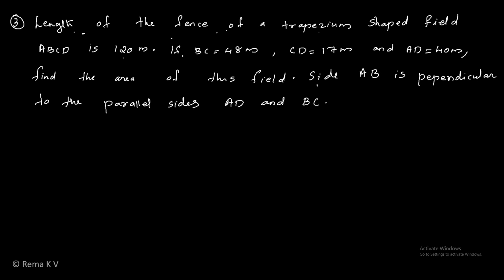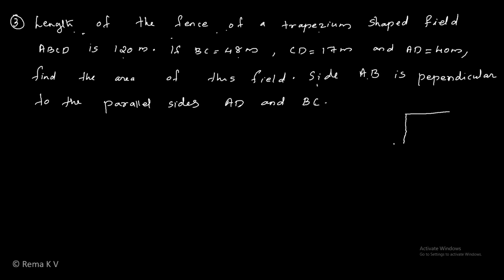Let us draw it. BC is equal to 48 meter, CD is equal to 17 meter, AD is 40 meter, and side AB is perpendicular to the parallel sides AD and BC. So we have to draw a perpendicular side here.